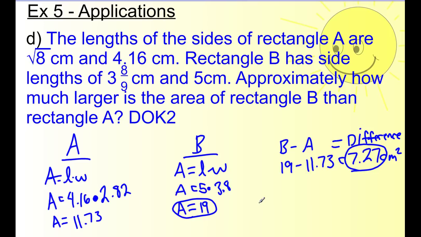Because it was asking how much larger, or what is the difference, we had to subtract the two. So we took 19 minus this 11.73, and we found that the difference is 7.27. So rectangle B is 7.27 centimeters squared larger than the area of rectangle A.